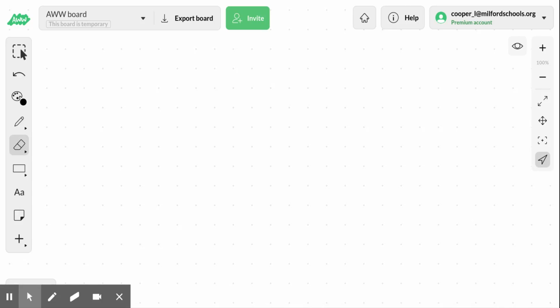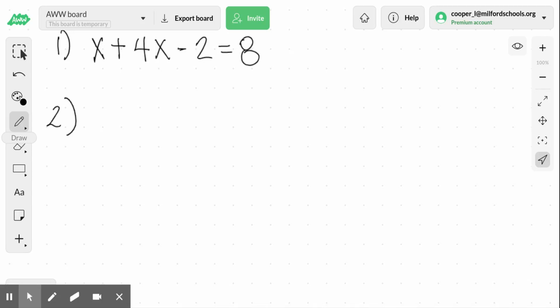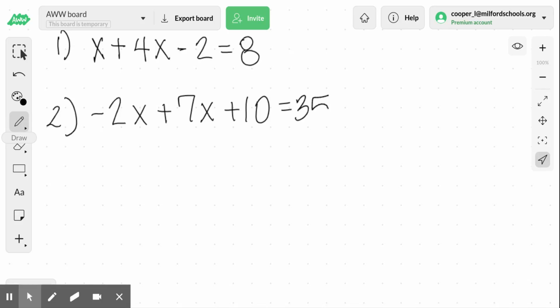So the first one is going to be x plus 4x minus 2 equals 8. That's number 1. Number 2, -2x plus 7x plus 10 equals 35.